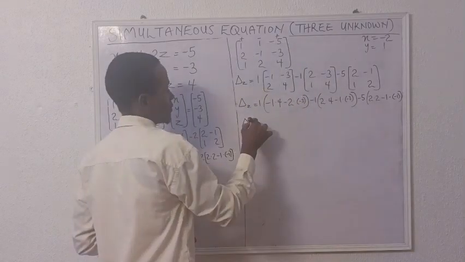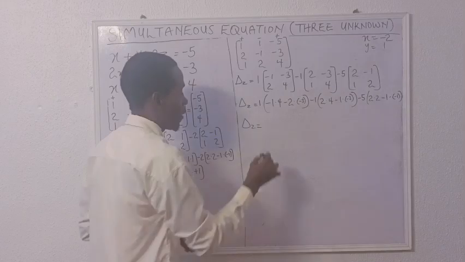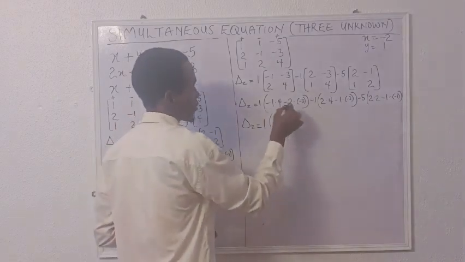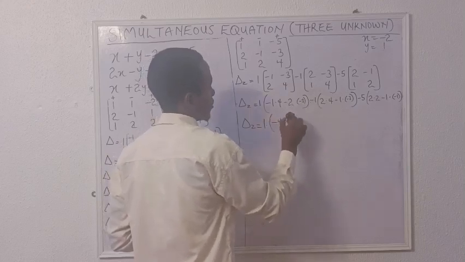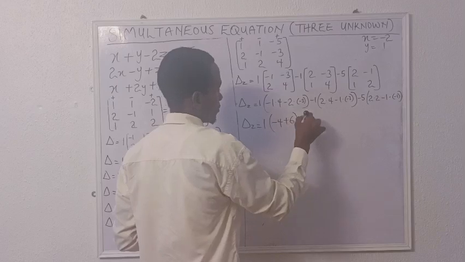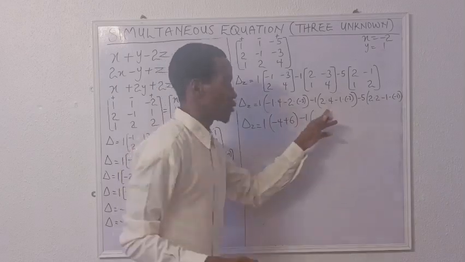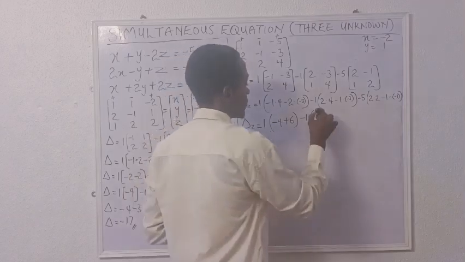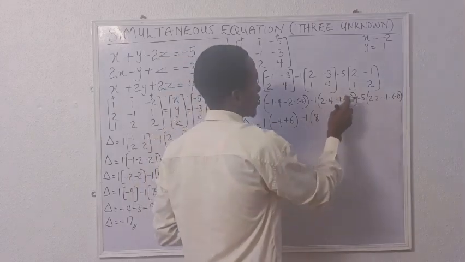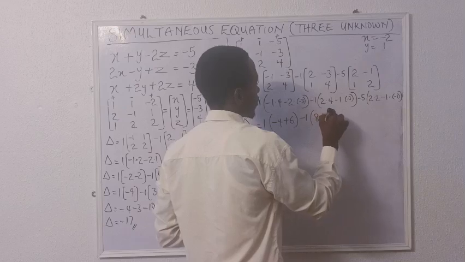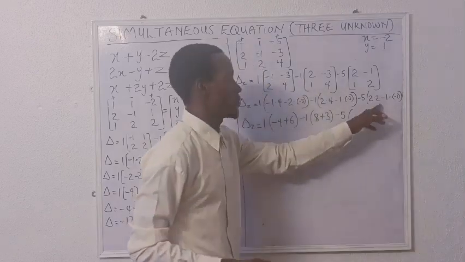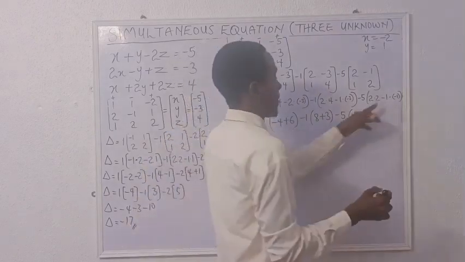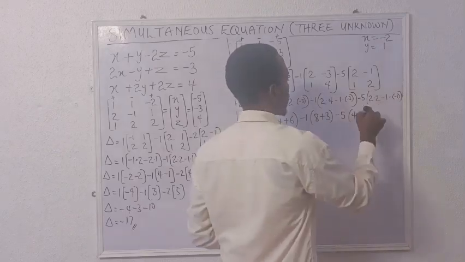And delta z is going to continue as 1 bracket minus 1 times 4 is going to give me minus 4. Minus 2 times minus 3 is going to give me plus 6. Minus 1 bracket 2 times 4 is going to give me 8. Minus 1 times minus 3 is going to give me a plus 3. Minus 5 bracket 2 times 2 is giving me 4. Minus 1 times minus 1 is going to give me plus 1.